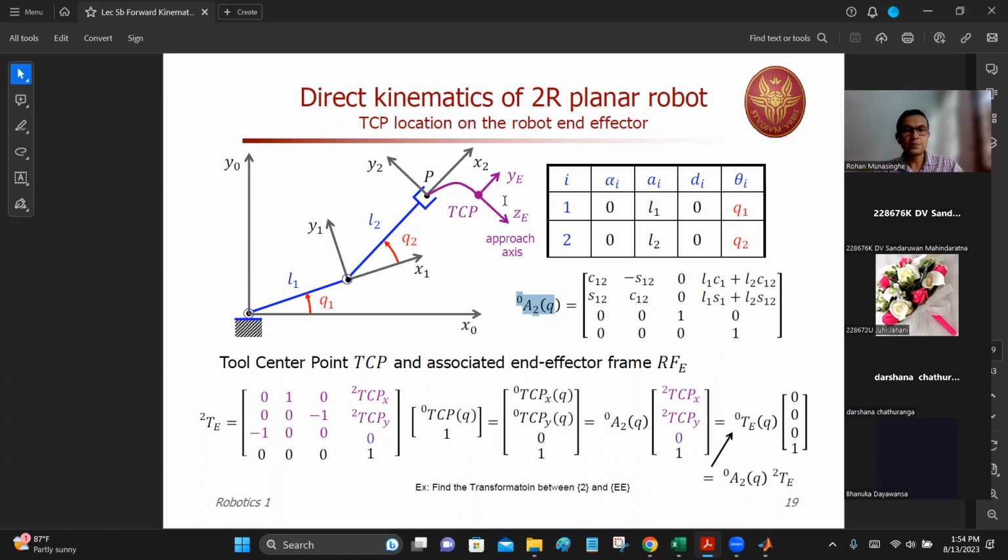Any answers, please? How can we describe this orientation of the end effector frame, E frame, with respect to the second frame here? You can see it on screen. So that matrix is already there, the transformation matrix from end effector to the second one.